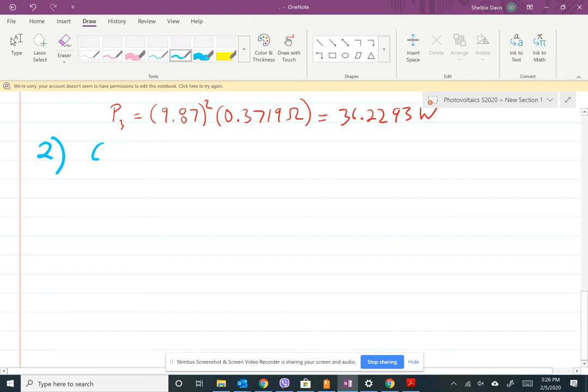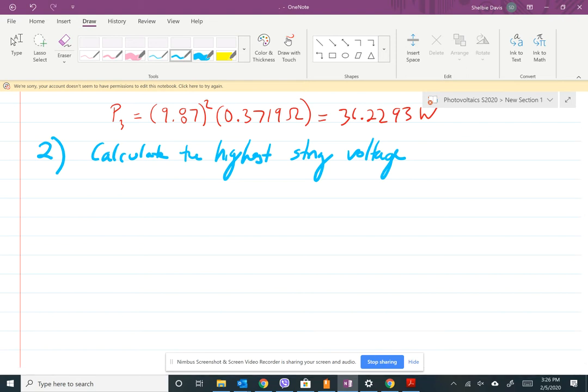All right, it's saying calculate the highest string voltage, and when it says string, it means that all these modules are in series. Okay, so it says calculate the highest string voltage.